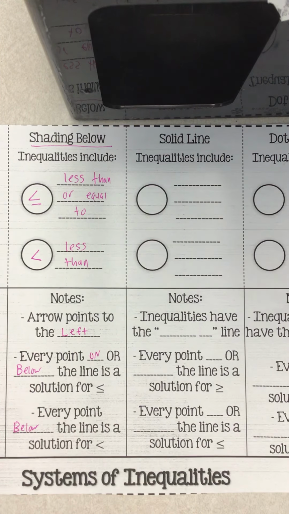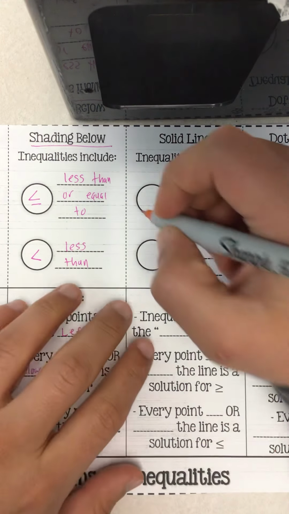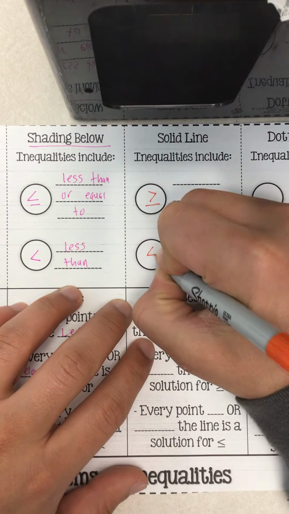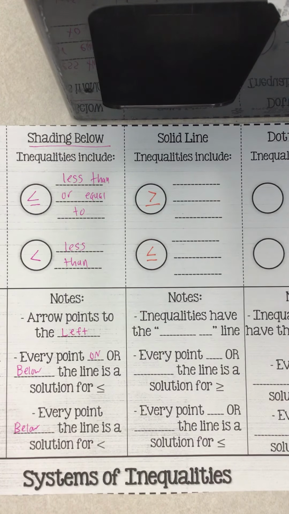Next are solid lines. These are inequalities that let me know when I'm graphing, I'm going to need to use a solid line. And those inequalities are greater than or equal to and less than or equal to. So let's write that down.